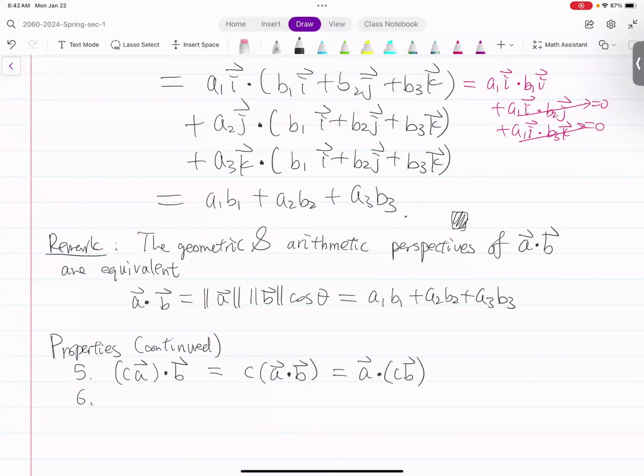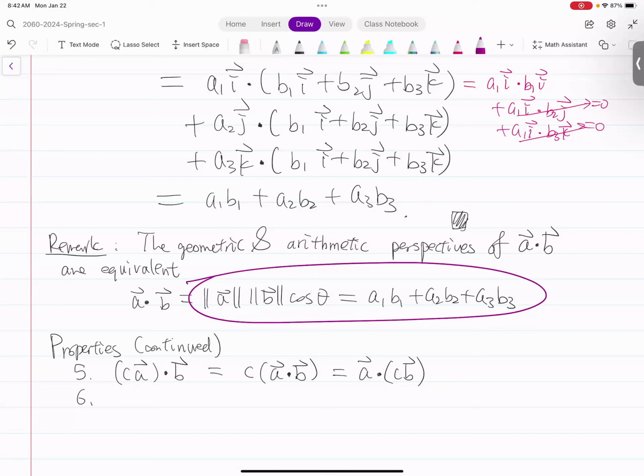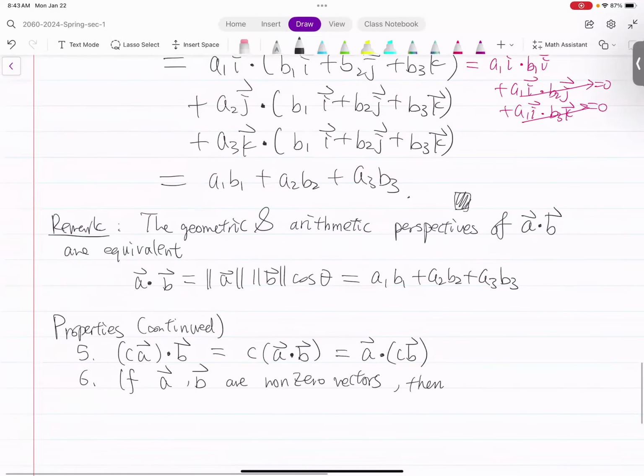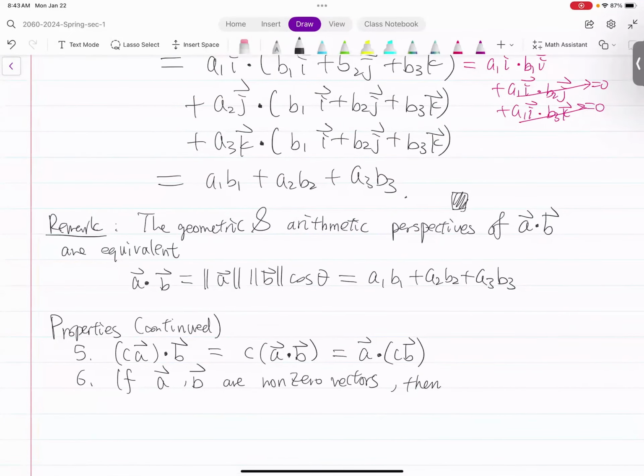That's actually pretty straightforward if you do both the definitions, the perspectives. Number 6, if A and B are non-zero vectors, then we do have a way to calculate cosine theta and eventually get theta.